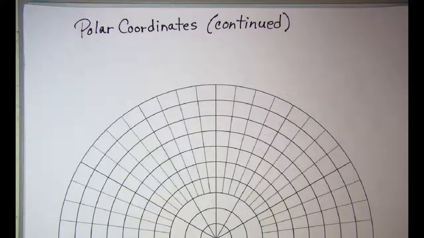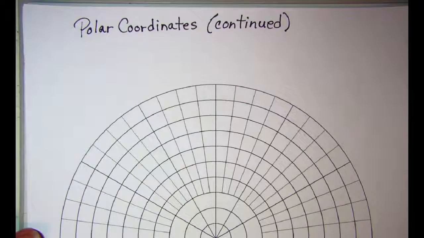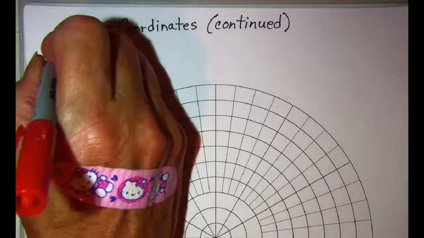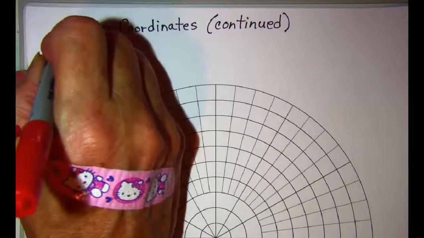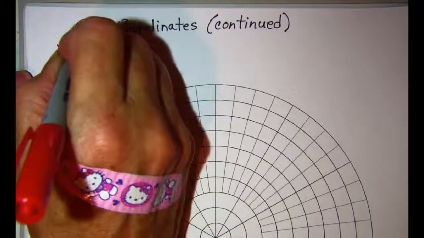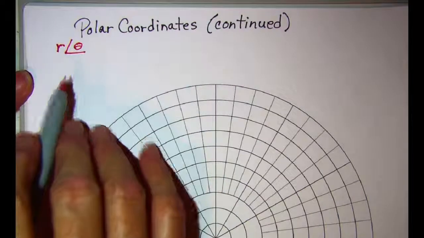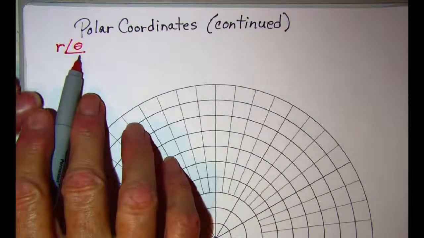In this video, we're going to be talking a little bit more about polar coordinates and ways you can designate a point using polar coordinates. First of all, remember that (r, theta) is how we designate polar coordinates.